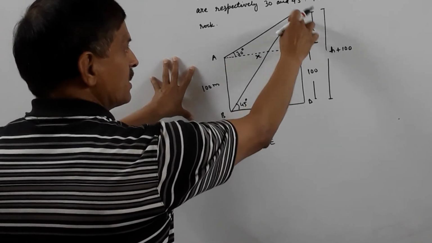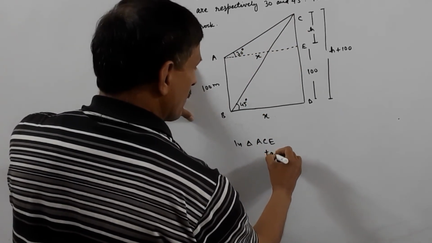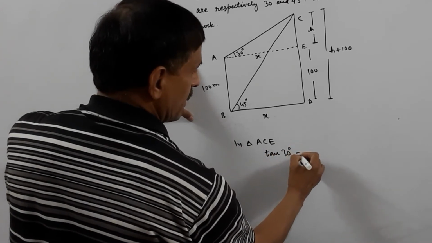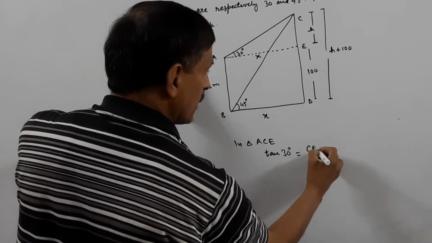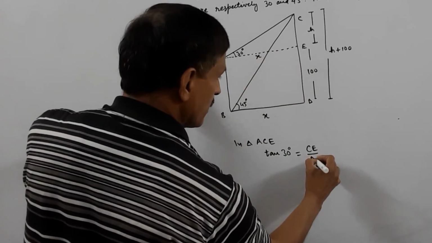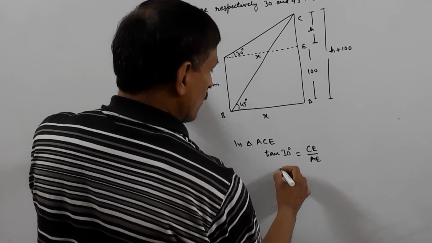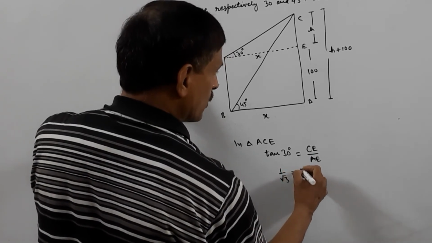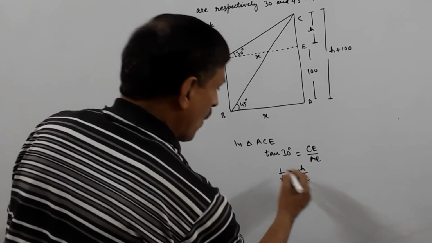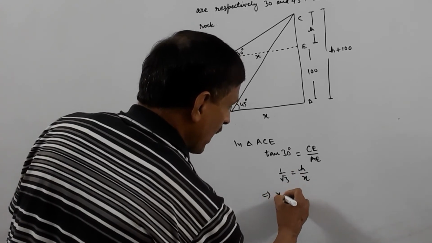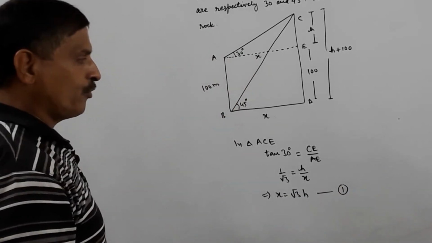So we have two quantities, height and base. tan 30 degree is equal to CE upon AE, and this is 1 upon root 3 is equal to H upon x, implies x is equal to root 3 H. This is the first result.